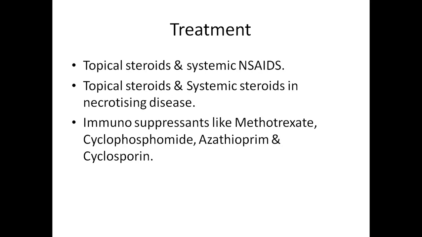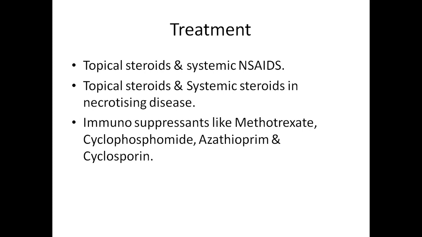If the patient's inflammation is not getting controlled with the steroids and NSAIDs, then you can put the patient on immunosuppressants like methotrexate, cyclophosphamide, azathioprine, and cyclosporine. Any of these drugs can be used long term, taking care of liver function tests, renal function tests, and WBC count, because these immunosuppressants are known to cause bone marrow suppression, and they affect the function of the liver and kidneys.